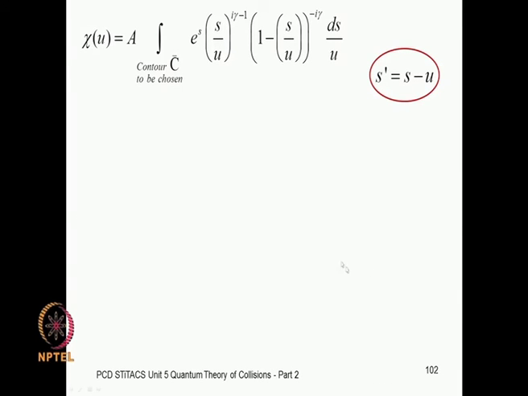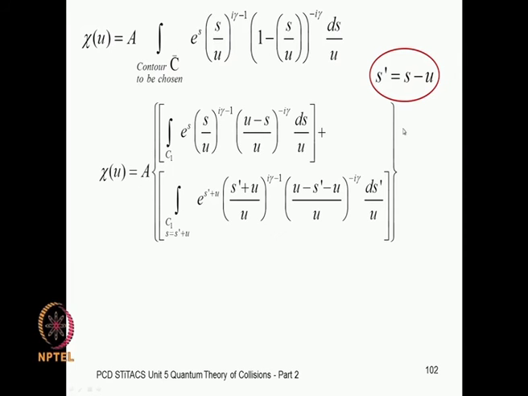So, now you have got S prime is S minus U, the integration is now to be carried out in the first term over C1 over the variable S, but the second integral is now to be carried out again over the same contour C1, but not over S, but over S prime. So, I have written the second integration in terms of S prime, so that the integrands are expressed in terms of S prime.